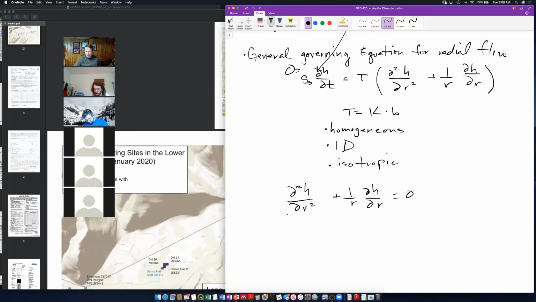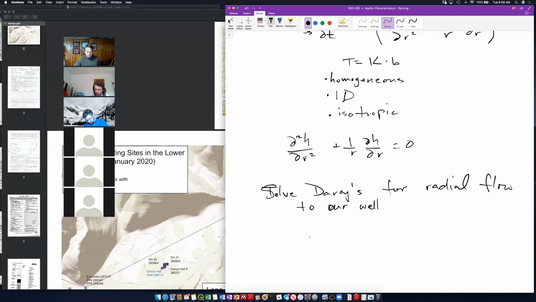All right, and I don't have time to go through that full solution, but if we solve Darcy's for radial flow to our well, we can come up with a solution that gives me, we can back out what we call the Thiem equation.